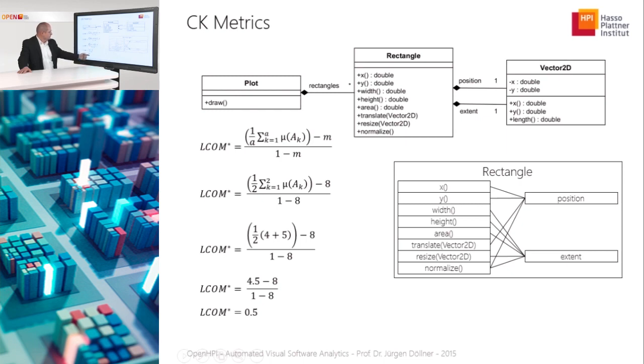So if we evaluate this formula, we get an average value of lack of cohesion in methods of 0.5, which is a good value, which is not an extreme value. So in general, this seems to be okay. Of course, it could be improved by applying a certain redesign to this object-oriented model in the future. Yes, this gives an indication about how LCOM values can be computed.